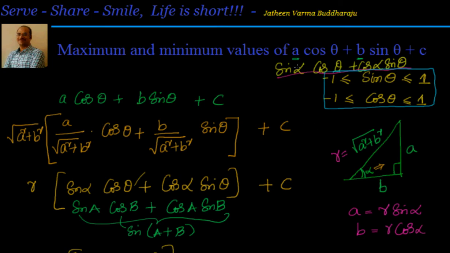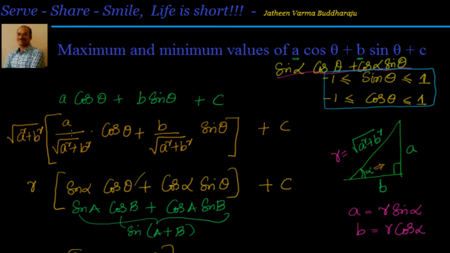Now to convert it into the form of sin alpha cos theta plus cos alpha sin theta, I have to find an angle alpha such that sin alpha is equal to a by r and cos alpha equal to b by r.